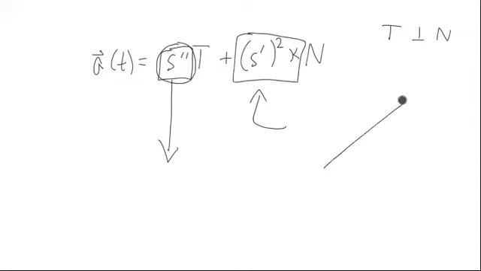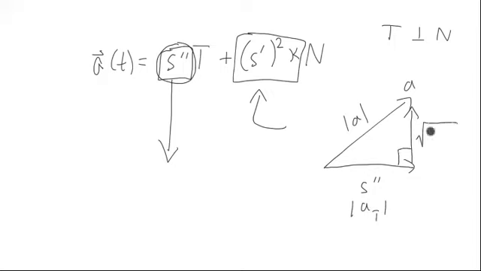Because if we have A and it has a given length, suppose that's the length of A, and in the tangent direction we have a certain length, it's s double prime. And maybe we can even notate this as A_T, the length in this direction, which is the same as this. And how do you find this? Just use the Pythagorean theorem, and it's a little easier. So you just do that minus A_T squared. So that's kind of the idea of how we're actually going to compute that.